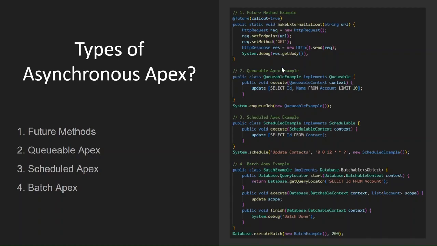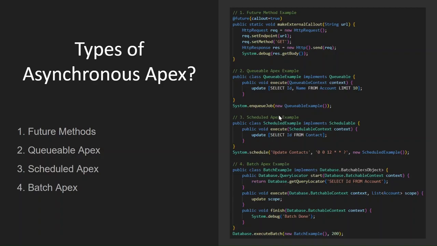Then we have this queueable Apex here, and we have this class QueueableExample, and we are implementing this Queueable interface here, and we are executing any logic inside our execute method, and we can enqueue this job by using this code System.enqueueJob and an instance of this Apex class.